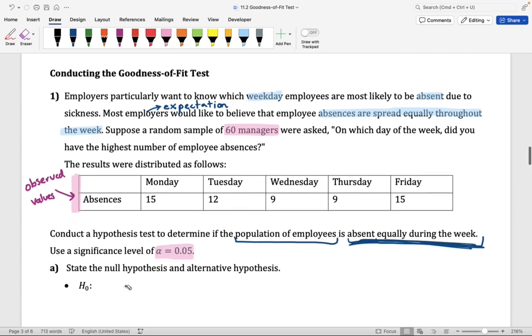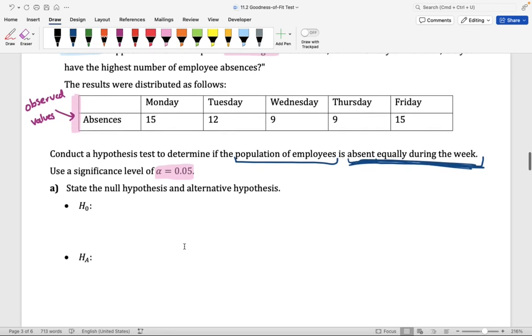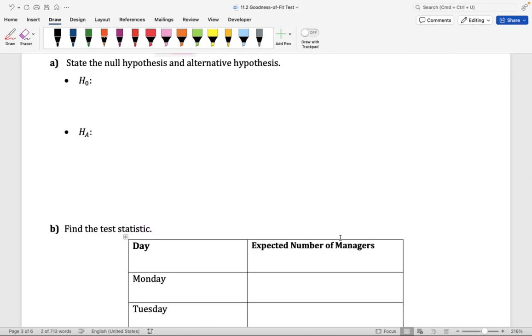Okay. So let's start with the first step. We need to state the null hypothesis and the alternative hypothesis. Now, there's different ways of stating the null hypothesis and the alternative hypothesis. First, I'm going to show you how to state the hypothesis using words. For the null hypothesis, we're going to say, let's assume that the data does fit this distribution.